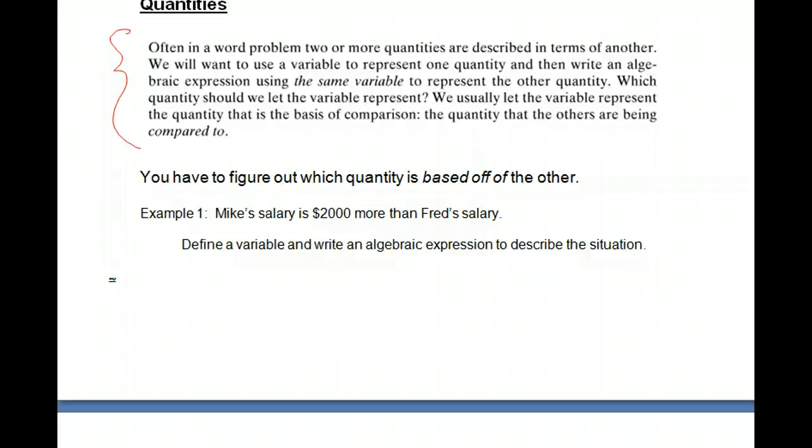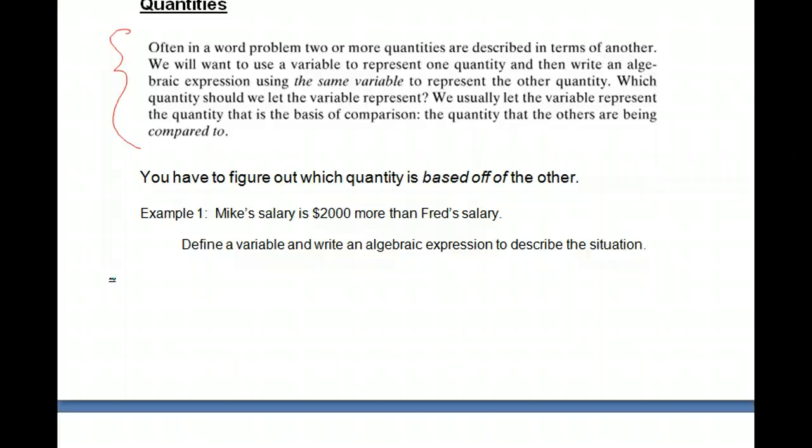So my first question is always, who is based off of who? I'm dealing with two people, so I'm going to say who is based off of who. Is Fred based off of Mike, or is Mike based off of Fred? The problem tells me that Mike is $2,000 more than Fred.